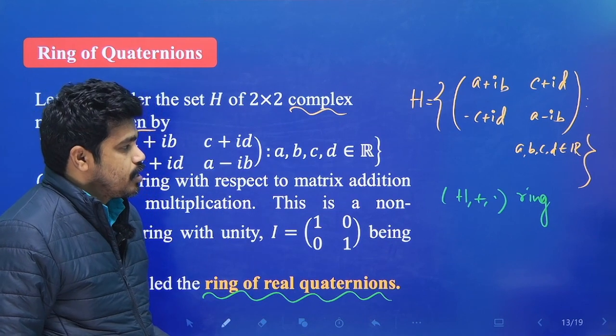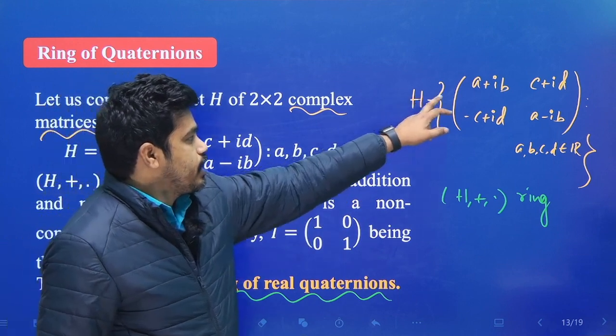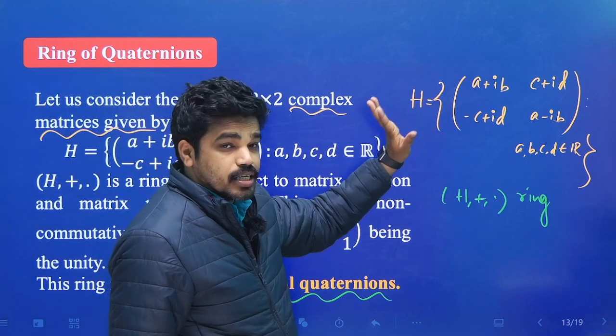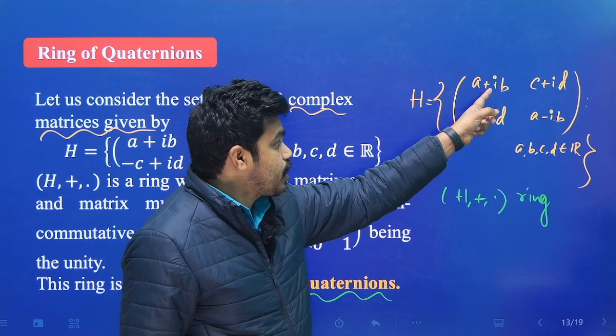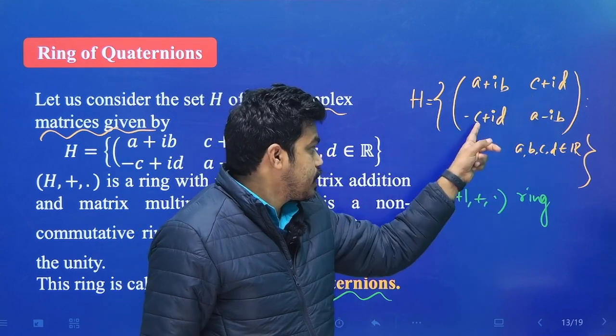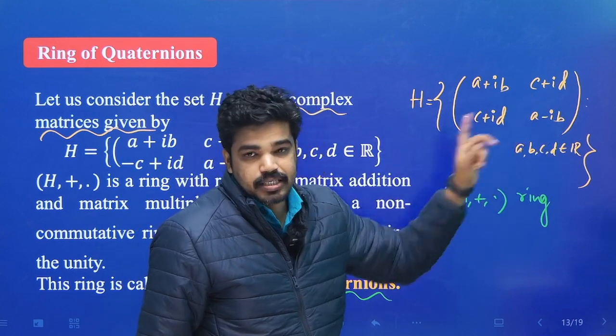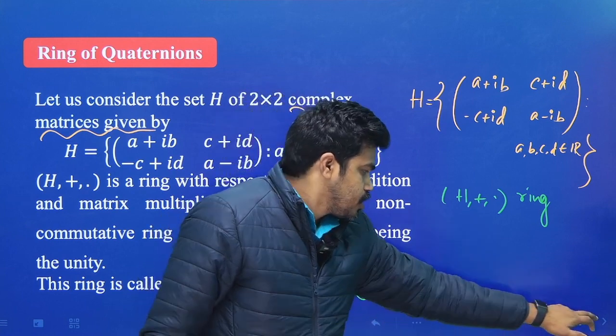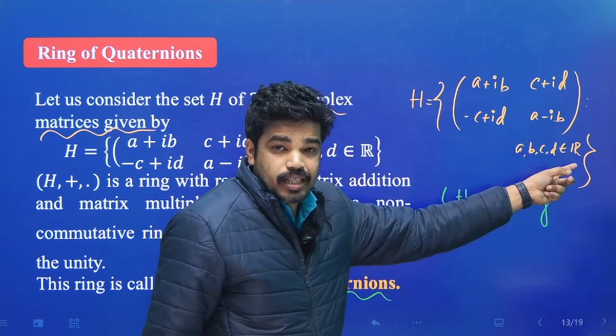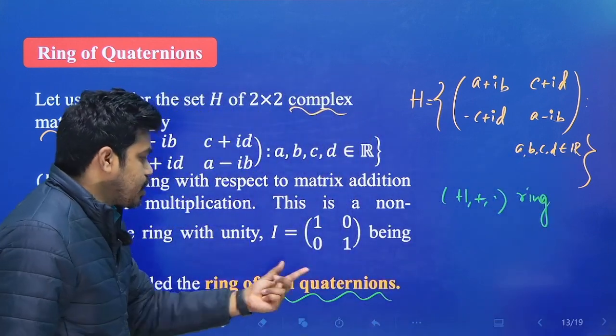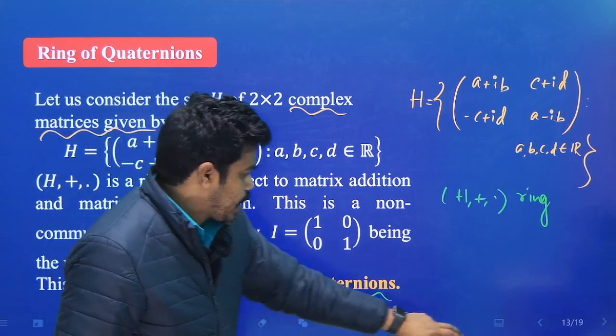Just see what are the elements of H. The elements of H will be in the form a plus ib, c plus id, minus c plus id, a minus ib, okay? So next, here a, b, c, d are real, that's why I called it ring of real quaternions, right?